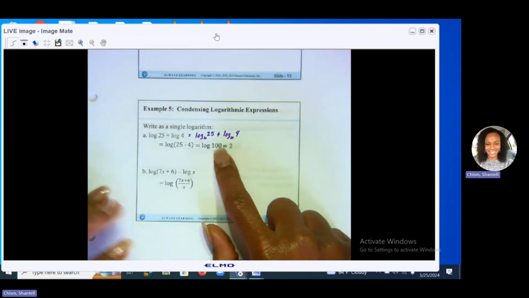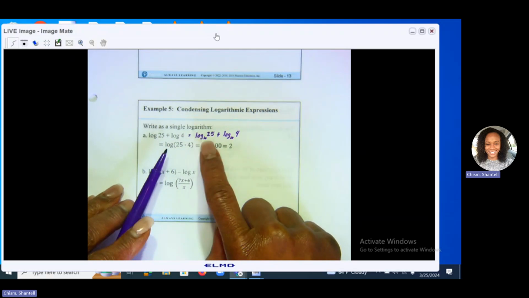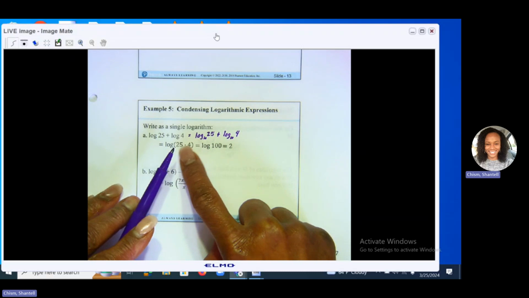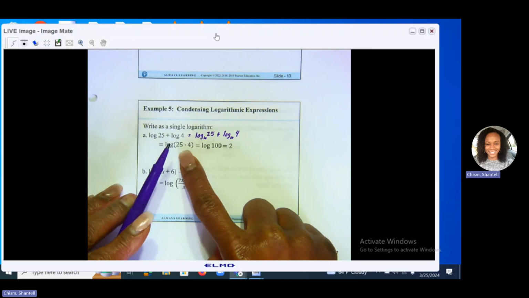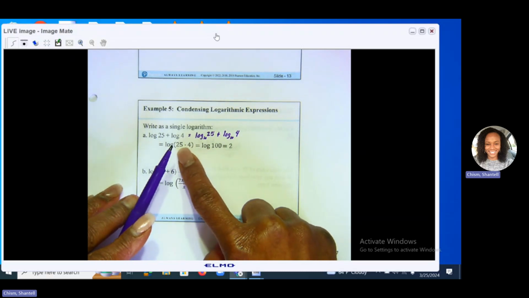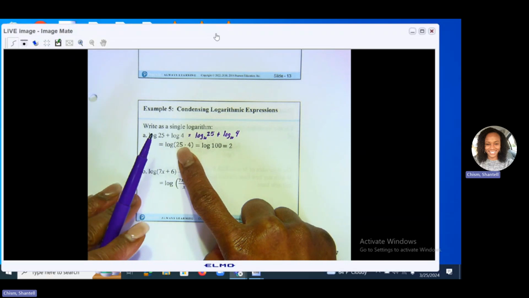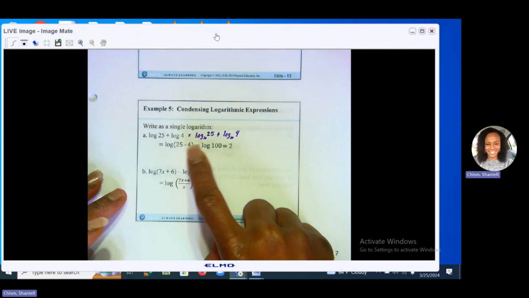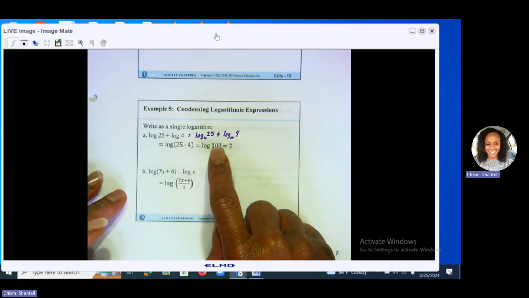Okay, so we're able to combine this as a product because they have the same base. So log base 10 of 25 times 4. Both are constants, so we can multiply that together and express it as simply 100. So now we're looking for the log base 10 of 100, or log of 100.